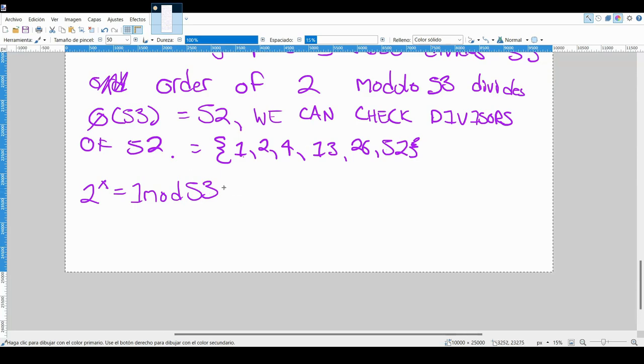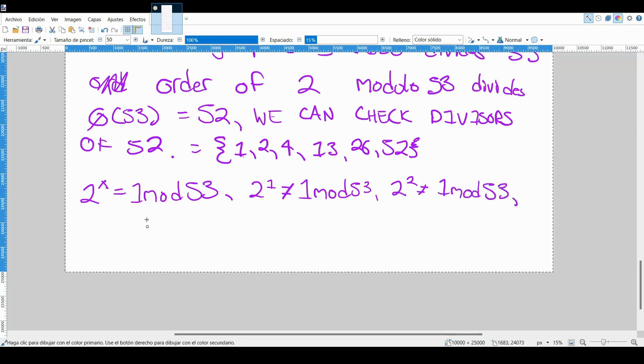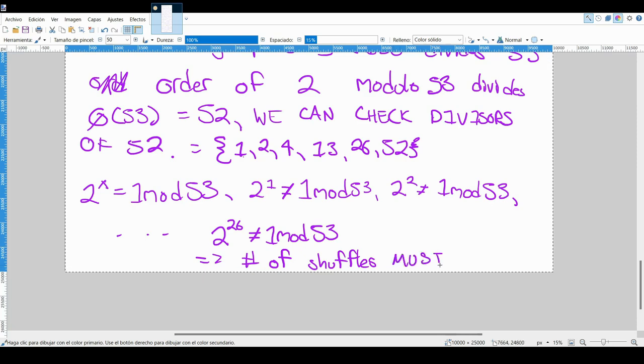And I'm not going to go through all the calculations, but we can just quickly write down here that 2 to the 1 is not congruent to 1 mod 53. Same thing here, all the way up to 26. Therefore, the number of shuffles must be 52. And that's all we needed to do, so we are done.